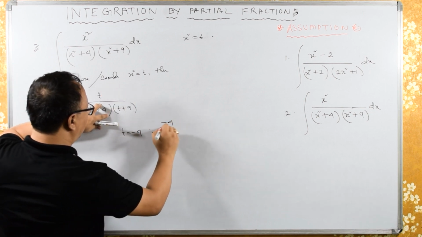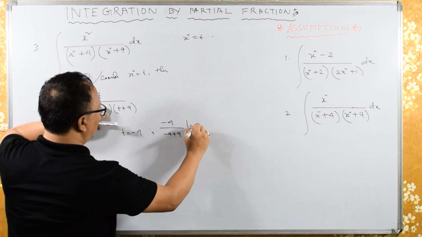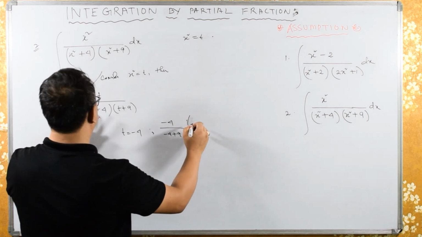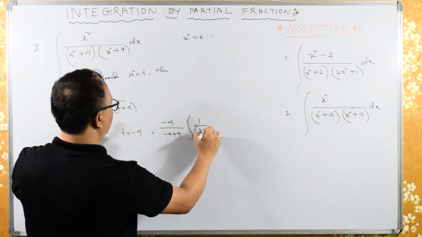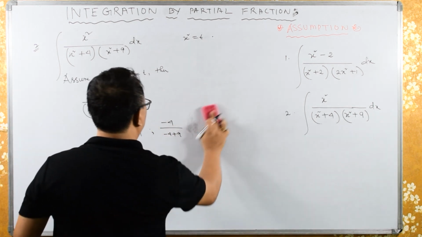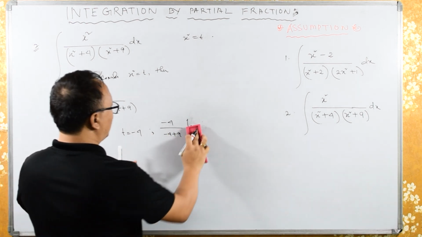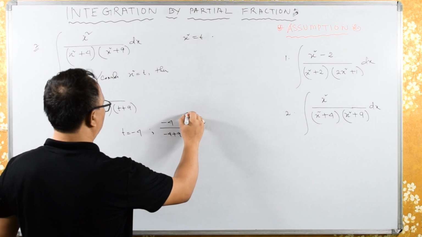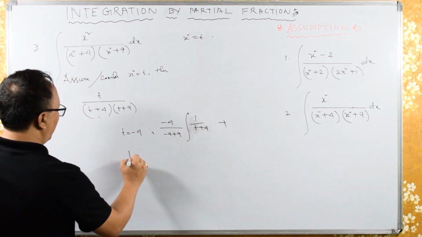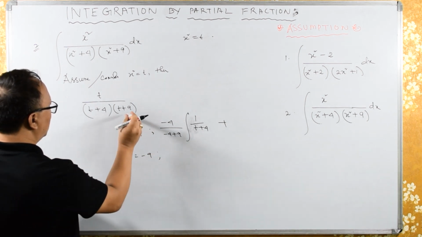Now substitute minus 4 here. We have minus 4 upon minus 4 plus 9, integral of 1 upon t plus 4, plus, when you put t equals minus 9, this term will go.